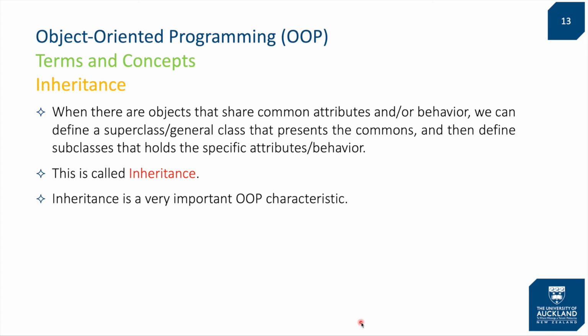If that's the case, we can use inheritance to design a superclass or a parent class and put in all those common operations and characteristics, and then we can create child classes or subclasses that inherit from the superclass all those common operations.